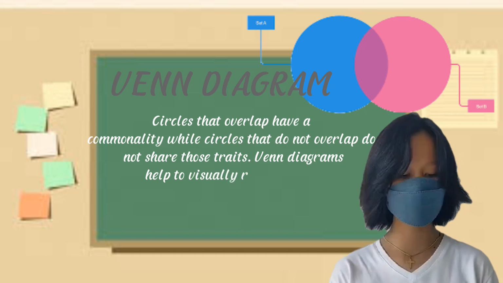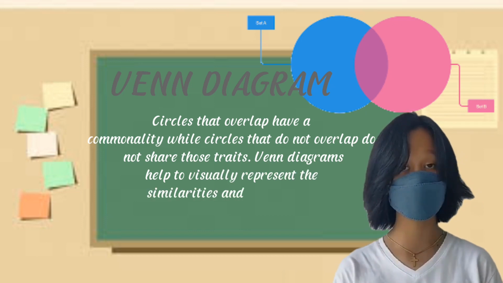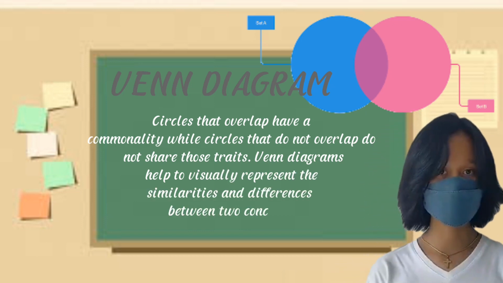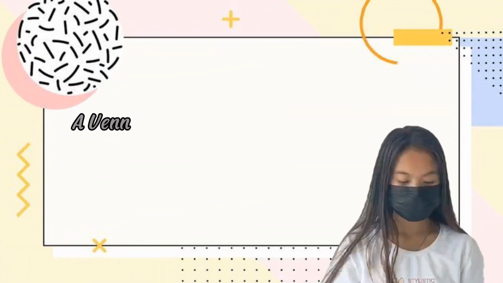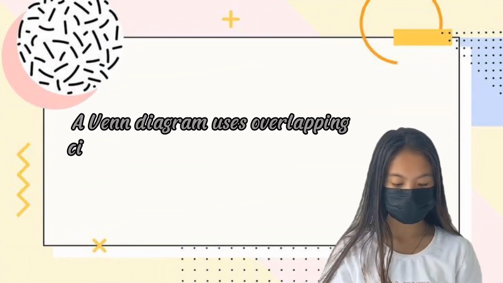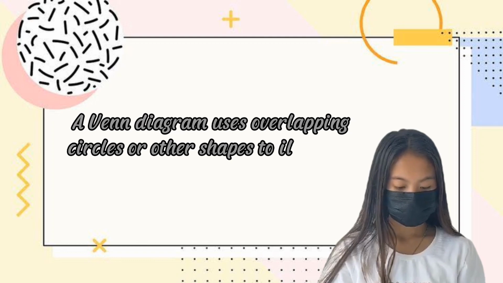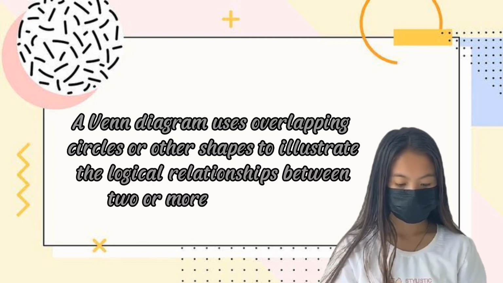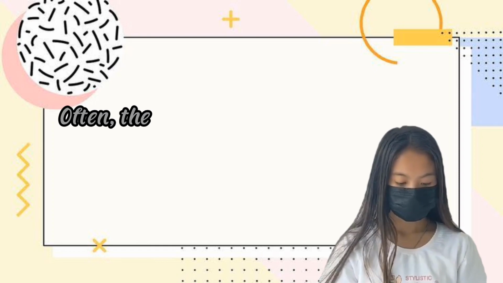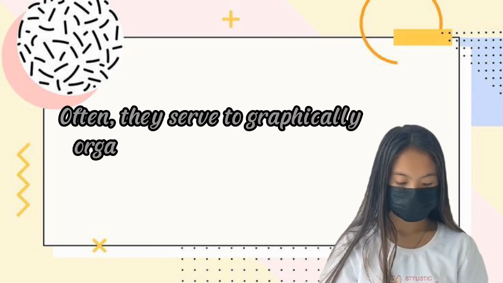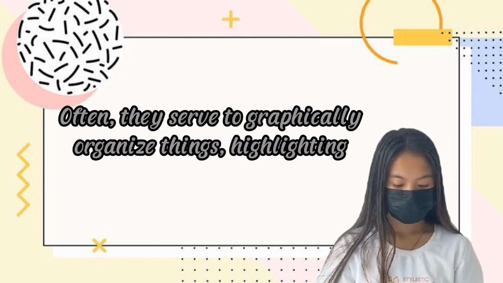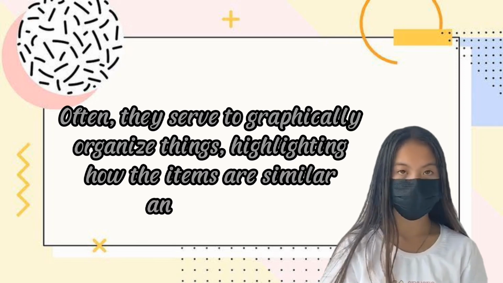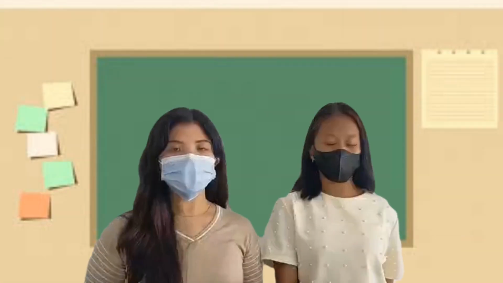Venn diagrams help to visually represent the similarities and differences between two concepts. A Venn diagram uses overlapping circles or other shapes to illustrate the logical relationships between two or more sets of items. Often, they serve to graphically organize things, highlighting how the items are similar and different.